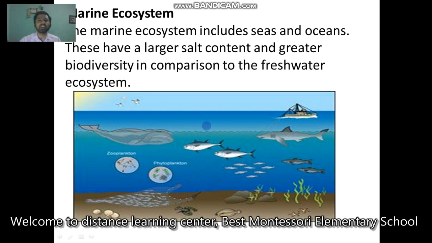That's why they have a greater biodiversity, means they have greater varieties of life in marine ecosystem, if we compare it to the freshwater ecosystem, because the biodiversity, that means different types of animals, is less in freshwater ecosystem, whereas greater in marine ecosystem.